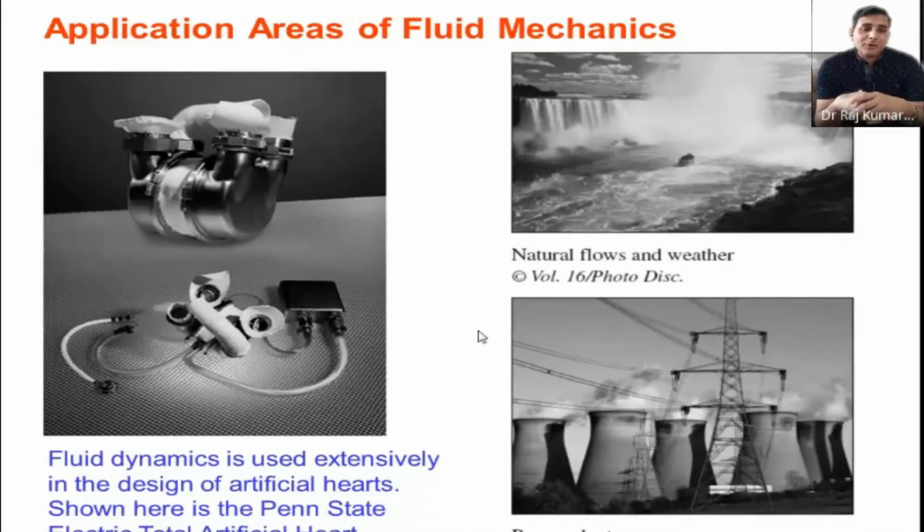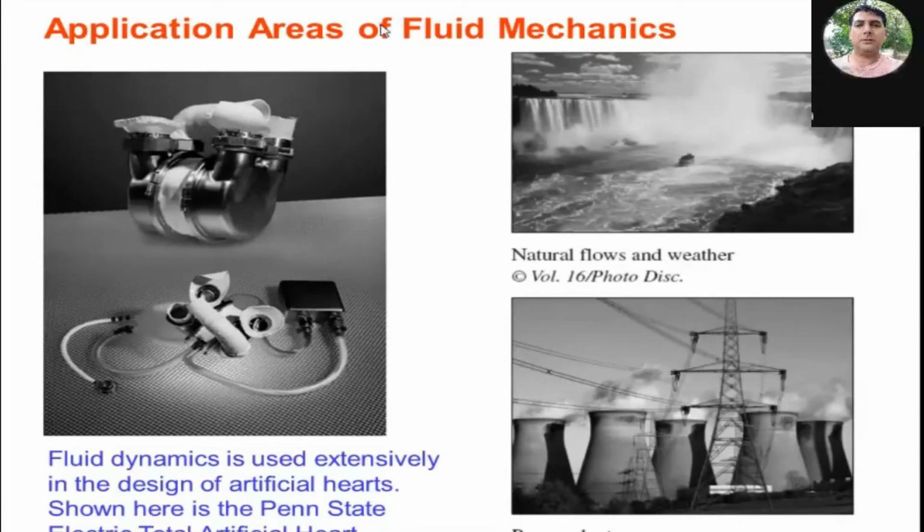So you have a lot of applications of fluid mechanics, and based on that, people are designing artificial organs: artificial heart, kidney, liver, lungs, right? This is only because of that. If you know fluid mechanics better, only then can you design them. Otherwise, you won't be able to. Correct or not?